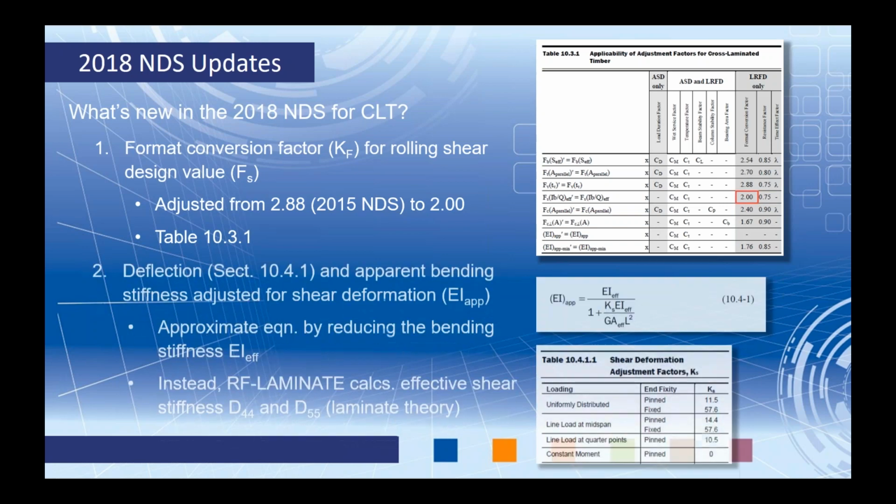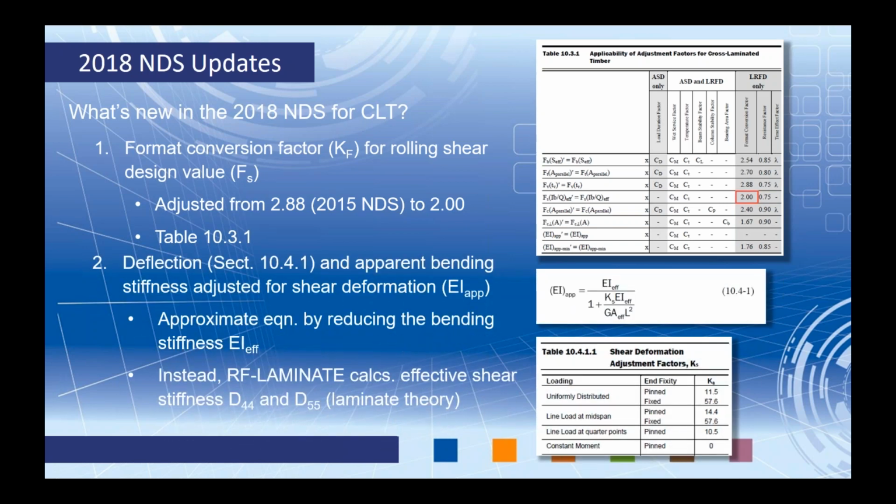As far as the second change, it actually is a little bit more complex. So deflection calculations are run according to Section 10.4.1. And what the NDS code tells us is that the apparent bending stiffness must be adjusted to account for shear deformation, and this is what you're seeing over here with this equation. So in order to calculate deflections, we should use this stiffness.